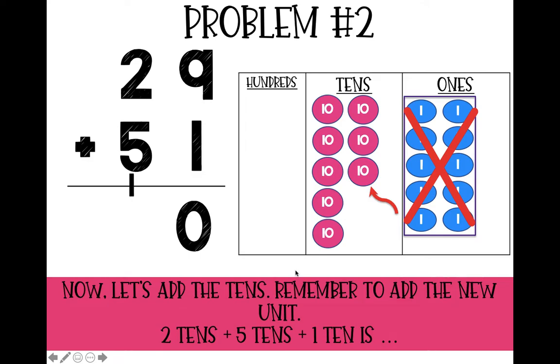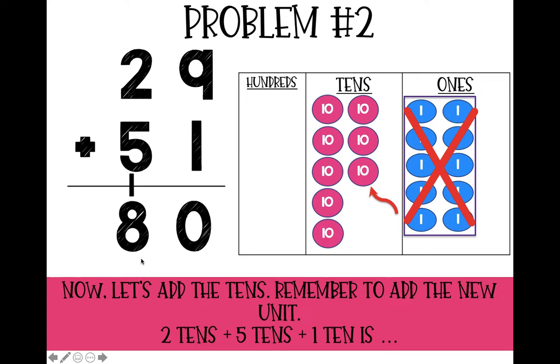Now we can add our tens. Don't forget to add your new unit. What is 2 tens plus 5 tens? That's 7 tens, very good. But we need to add this new 10 as well. So what is 7 tens plus 1 10? That's exactly right, 8 tens.